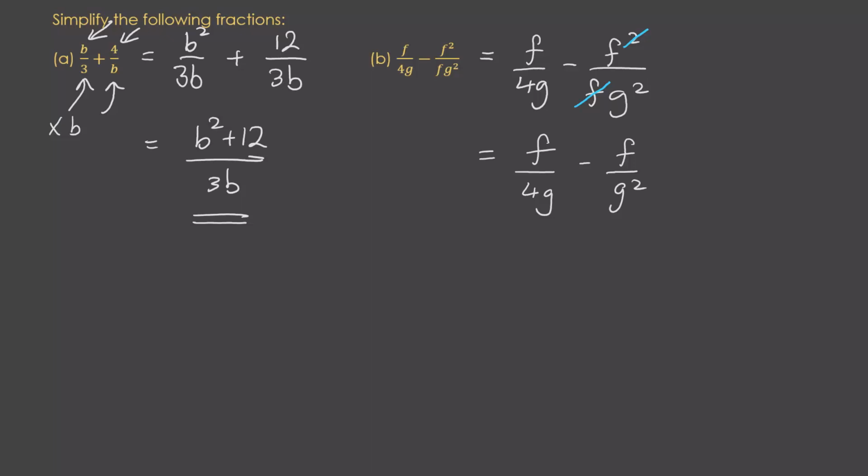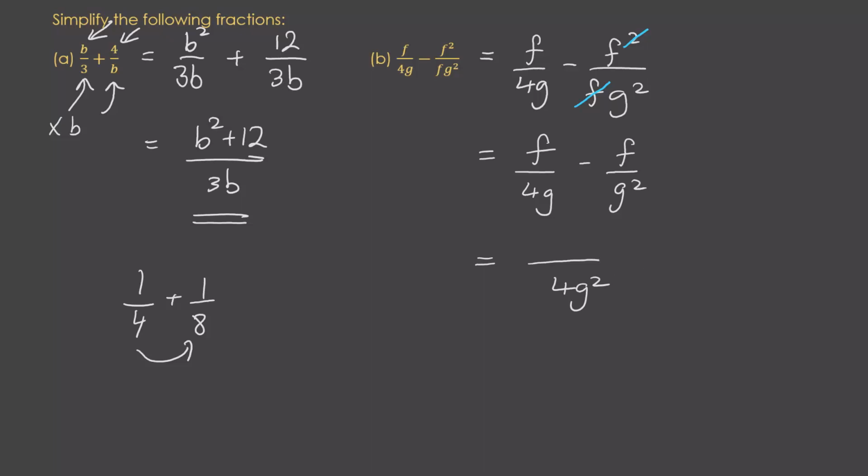Now, this is a similar situation to where we have something like a quarter and, say, an eighth, in that 4 goes into 8. It's not quite like that, but if you think about 4g and g squared, they will both go into 4g squared.